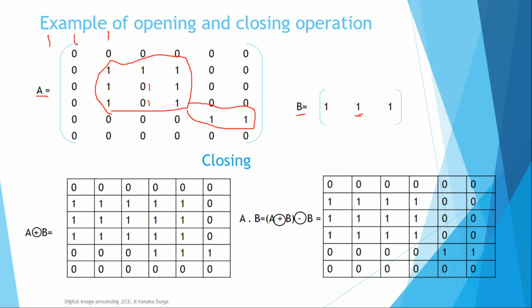If at least any one pixel of B matches with the structuring element on the position values of the image A, then the resultant is 1. Otherwise the resultant is 0 for the dilation operation. So here in this case, no match, since 1 0 and 1 0 do not match. Any one of the pixels is not matching, so the resultant is 0.